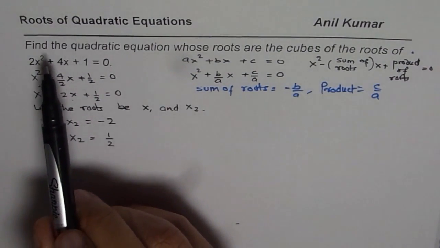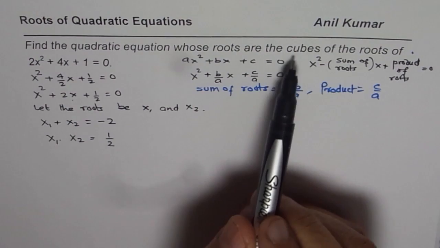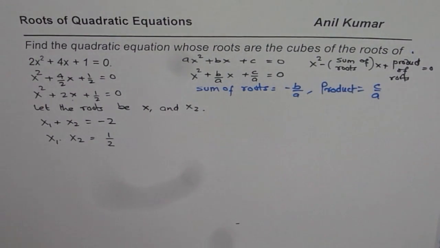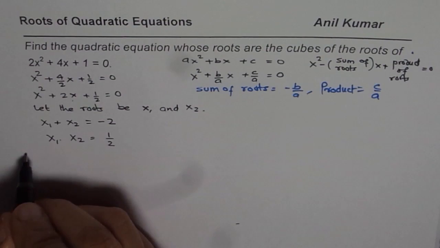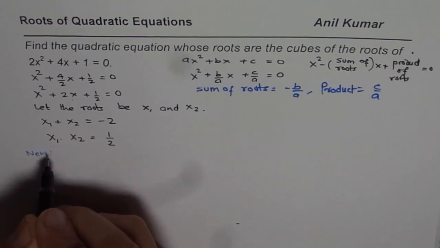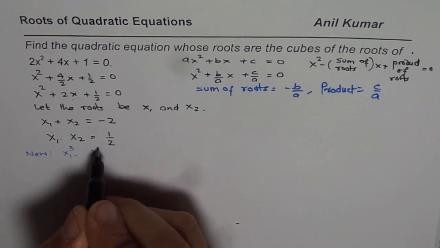Now the question is, find the quadratic equation whose roots are cubes of the roots. So we want to find a quadratic equation whose roots are cubes, right? So that means for the new equation, the roots are x1 cube and x2 cube.